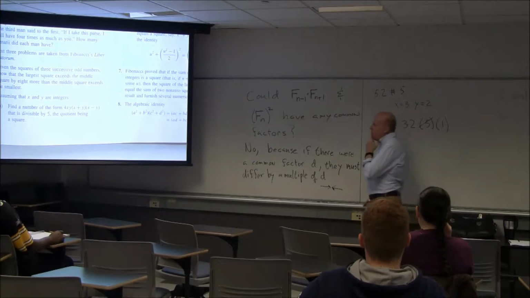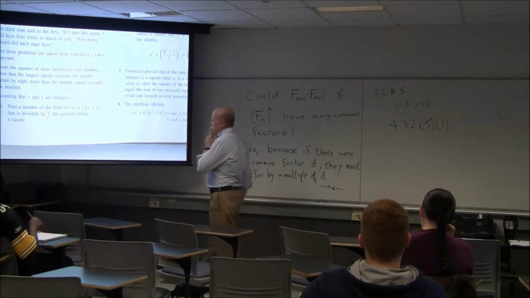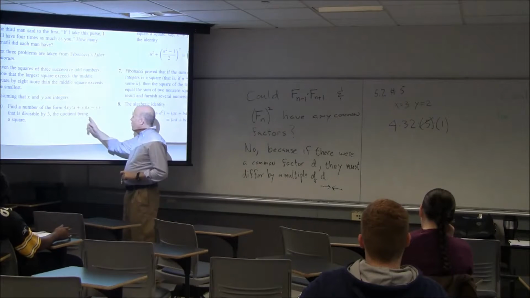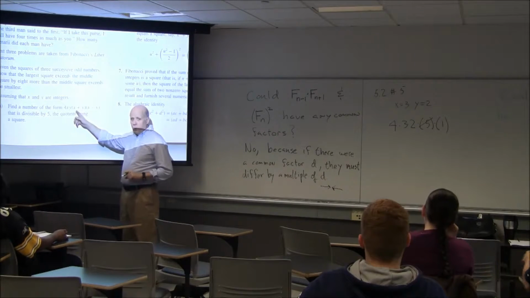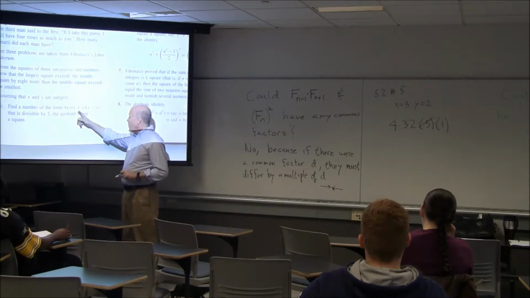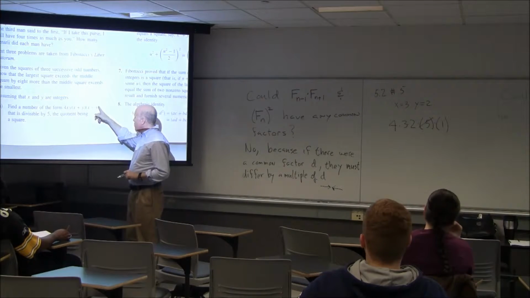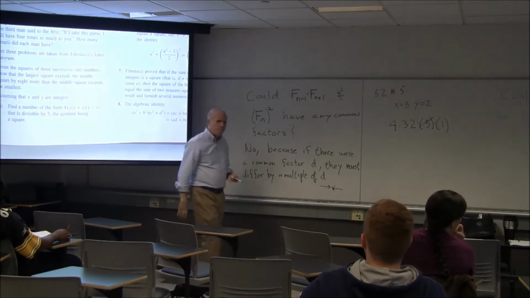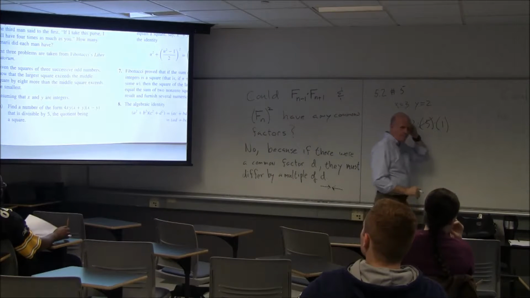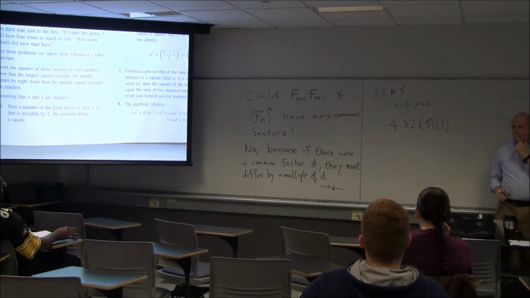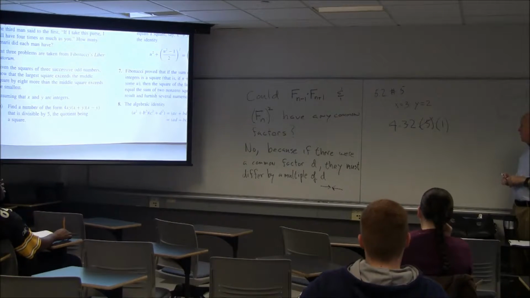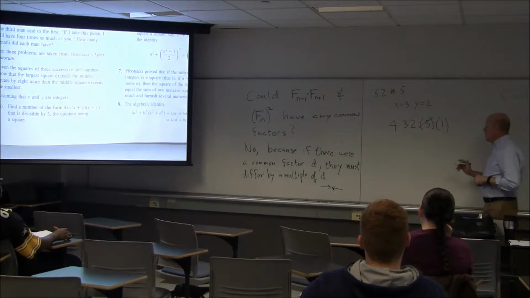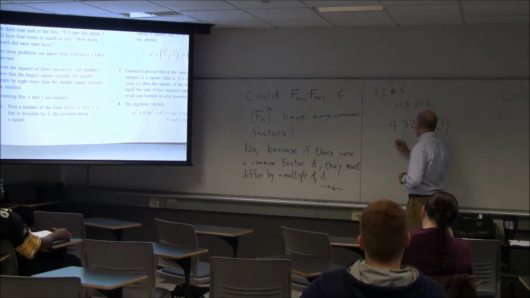Okay, so we want to make x plus y add up to a multiple of 5, and then we want 4xy times x minus y to be a square. Let's see. 4 and 1, we could try it. x equals 4, y equals 1.